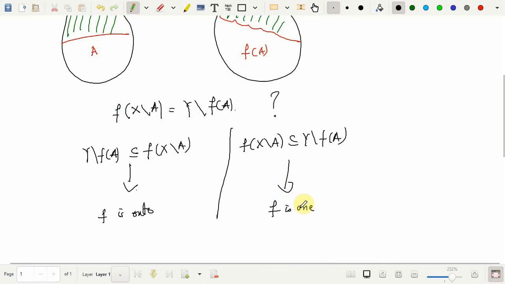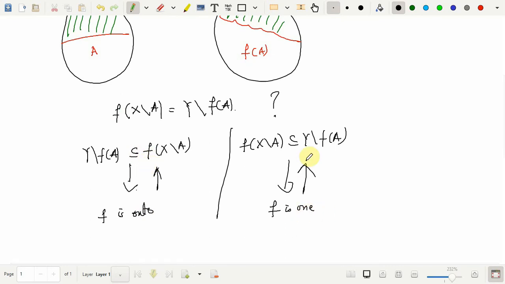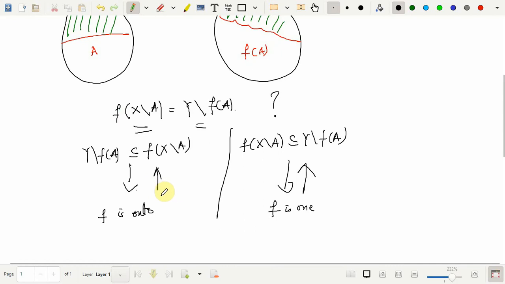Not only this, the converse is also true: when f is onto, the first has to be true, and when f is 1-1, the second has to be true. So in this class we are going to discuss and prove these two results, and ultimately the consequence would be that these two sets are equal if and only if the given function is a bijection. Not just one condition, but both conditions are required to exhibit the equality.